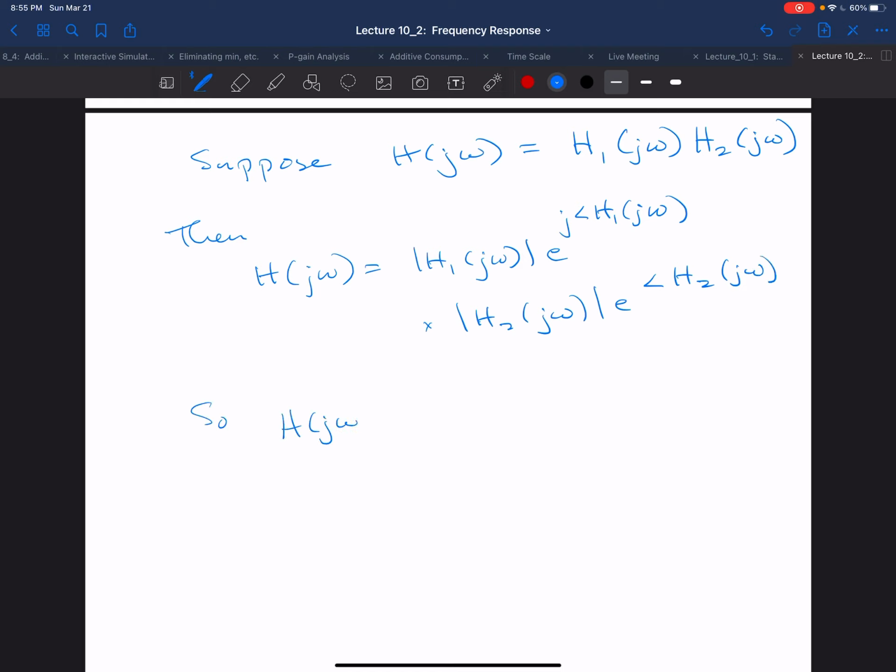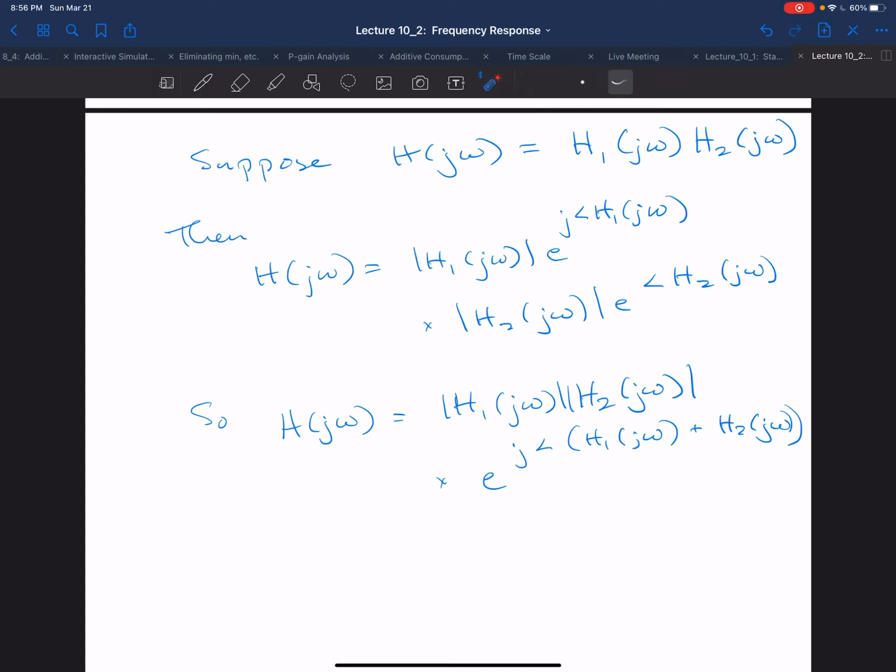So the product H(jω) has as its modulus the product of the moduli of H1 and H2, and it has as its angle the sum of the angles of H1 and H2. In fact, this is why this polar representation is convenient when you're multiplying or dividing complex numbers. You just have to multiply the moduli and add the angles. So we see right away that the angles are additive, if you like.